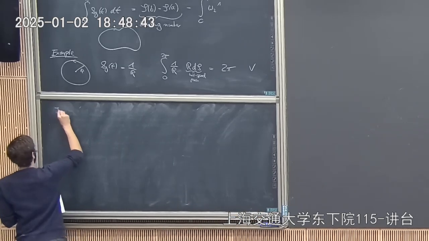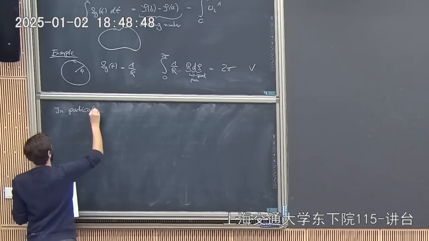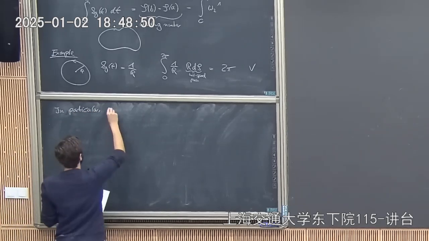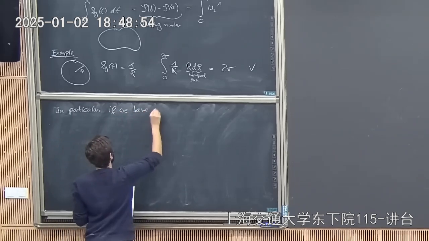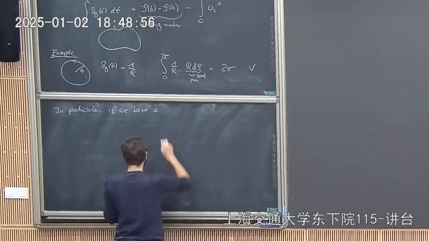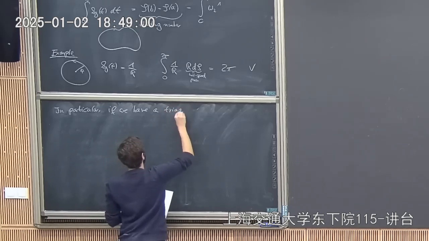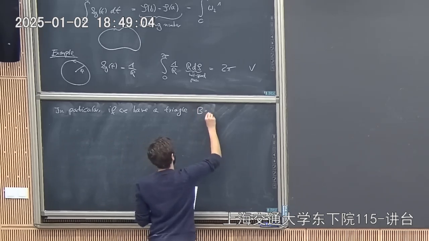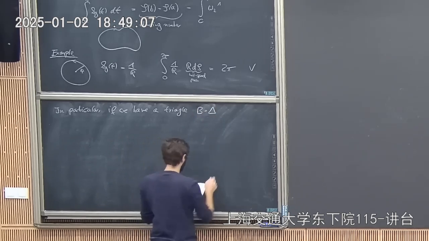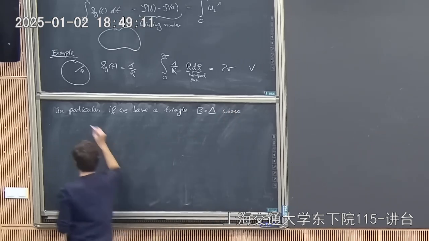So as a corollary, we have the following. Triangle whose edges are geodesic.